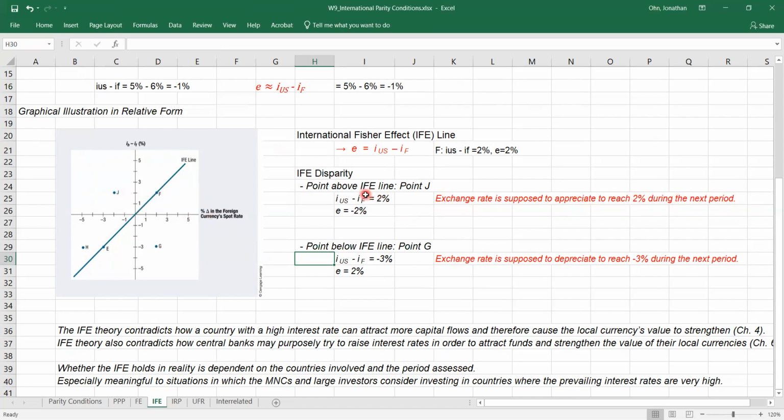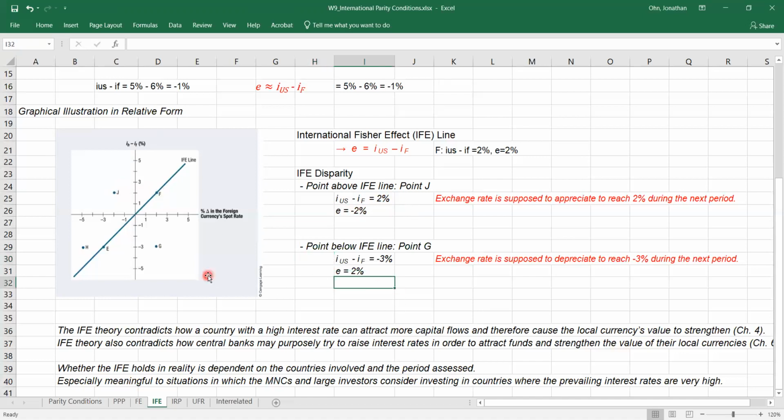Okay, to achieve equilibrium, parity, these should be equal, but it is way away from equality. So the flexible exchange rate should appreciate to reach there. So this one should go this way.